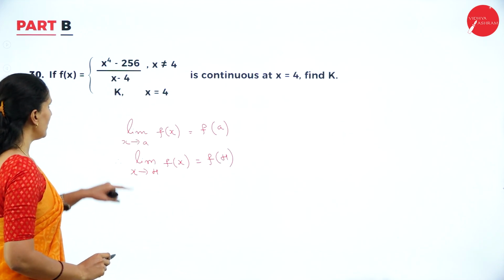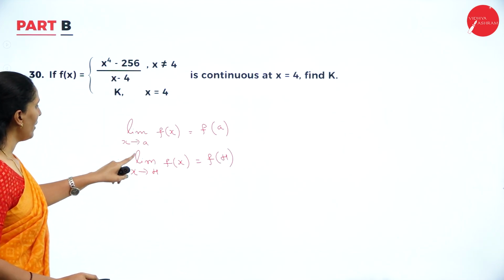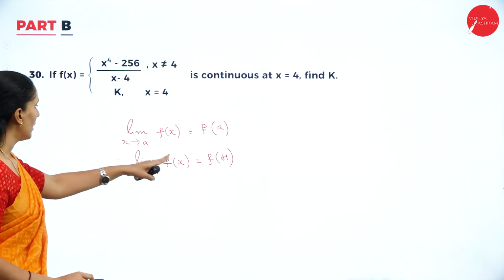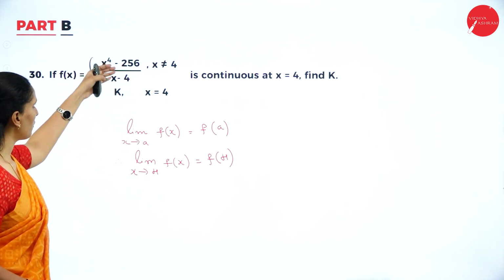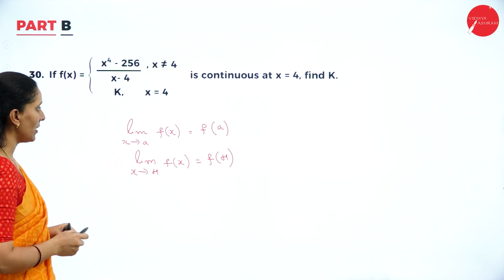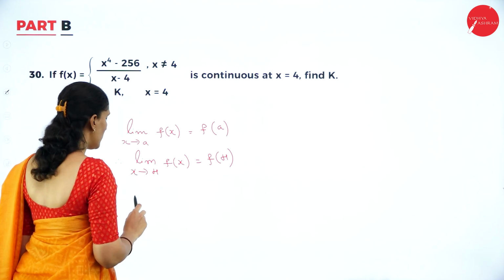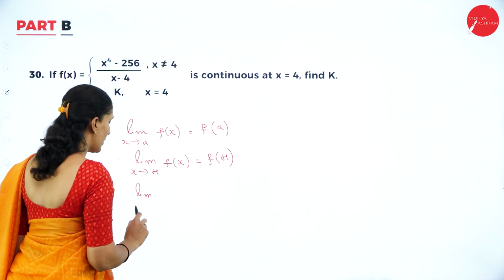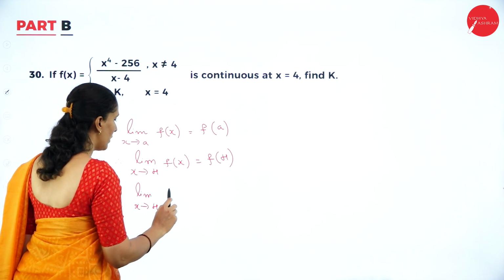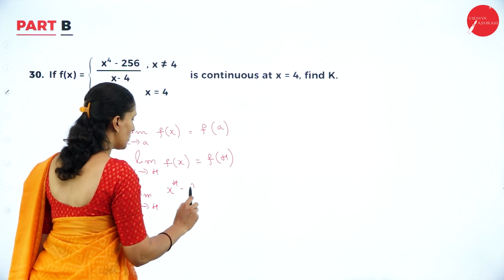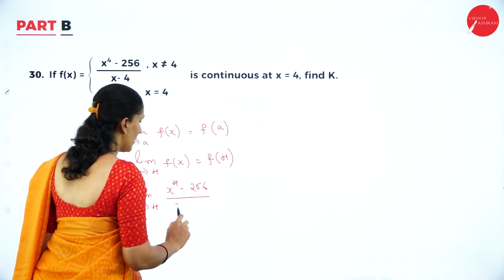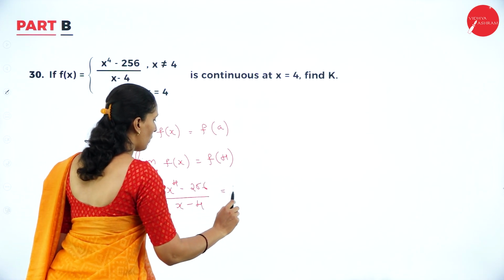Now from the given function, whenever x is not equal to 4, the function is taken as x power 4 minus 256 by x minus 4, and for x is equal to 4, the value is given as k. So here we can write limit as x tends to 4 of (x power 4 minus 256) divided by (x minus 4) is equal to k.